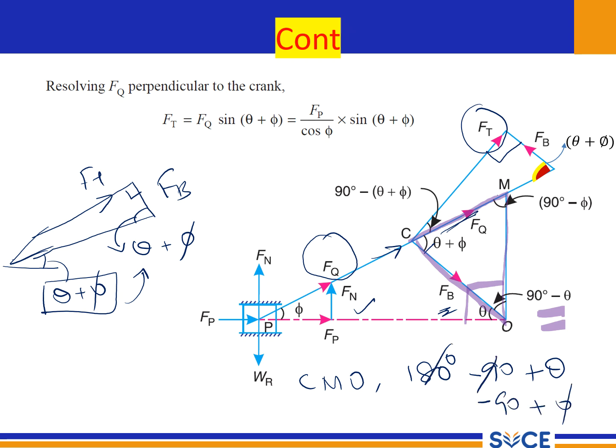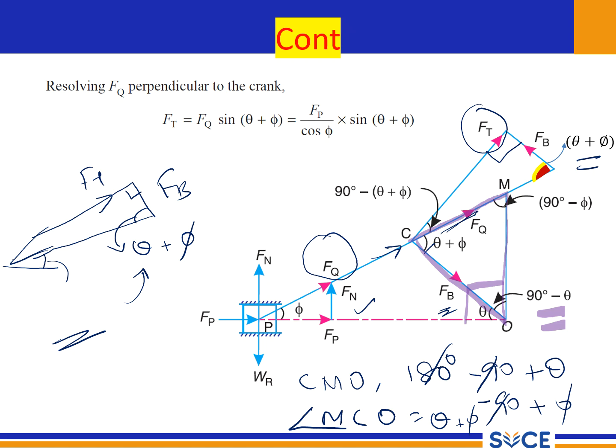So 180 degrees, the 90 will cancel. At last we have the angle MCO as theta plus phi. Since this is theta plus phi, this is also going to be theta plus phi. Now how theta plus phi came, we go to the derivation.